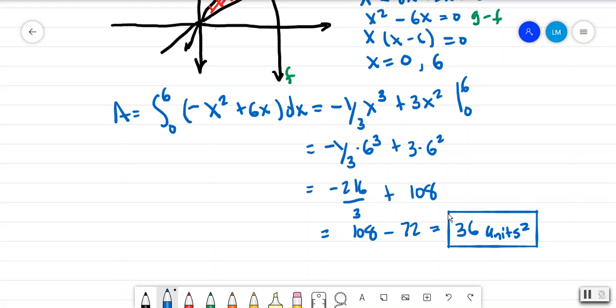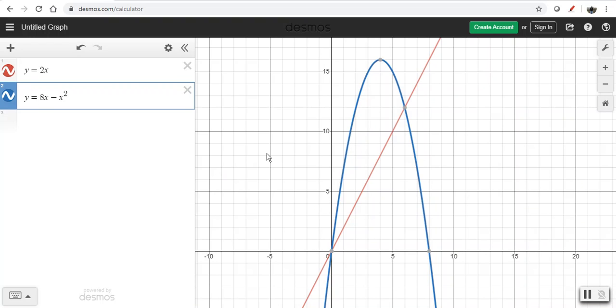Now, interestingly enough, I could go ahead and use Desmos if I wanted to. Over here I plugged in 2x and 8x minus x squared, and you can see that the vertex was at 4, so I kind of got lucky there. What if it was 4?